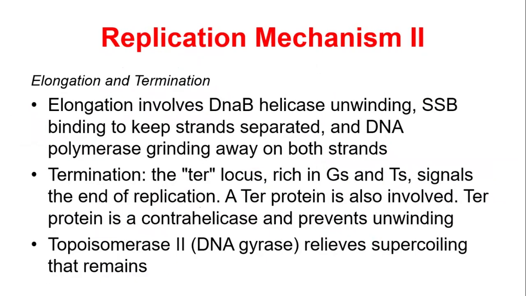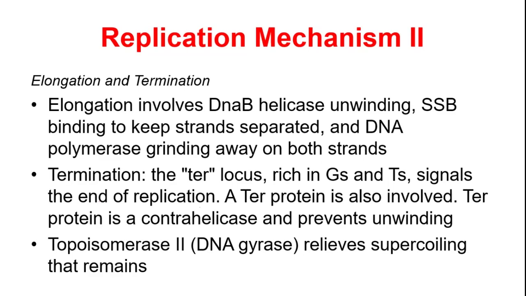Then at termination, there is usually a position called the tau locus, which is rich in G's and T's and is the signal of the end of replication. A tau protein is also involved. This protein is specialized in identifying this particular point, is a contra helicase, and prevents unwinding. Then topoisomerase 2, which is what we call DNA gyrase, relieves the supercoiling that remains.